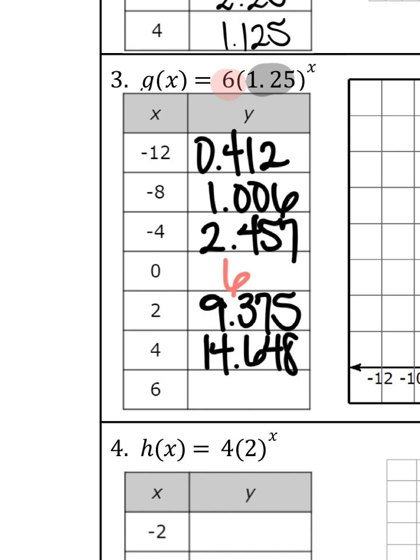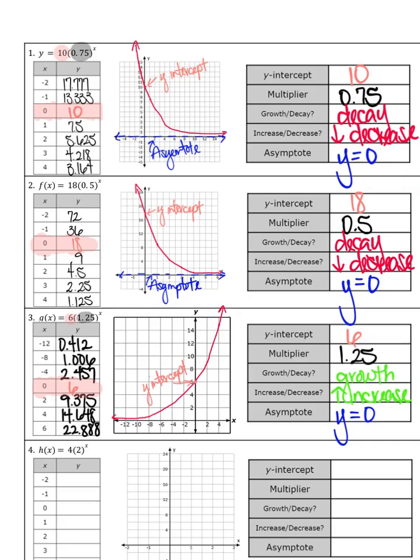And 6 is paired with 22.888. After you get those numbers, go ahead and fill in your graph to the right. This is what your graph should look like in the end, making sure that reading it from left to right, it is growing or increasing.